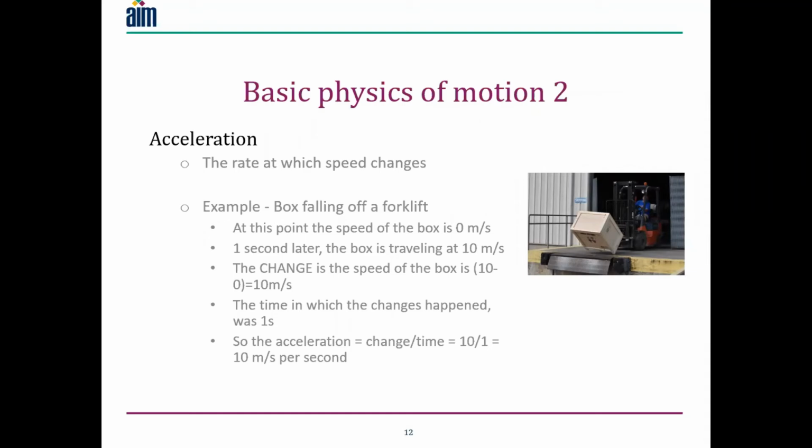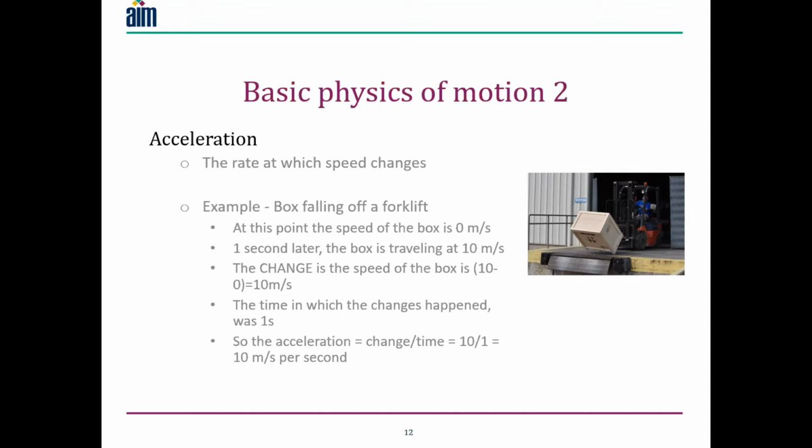So the change in speed of that box over that second is 10 minus 0, because it started at 0. So the delta, or the change, is 10 meters per second. And how long did it take for this change to happen? 1 second. So therefore, the acceleration is the change in speed, which is 10 meters per second, divided by the time, which is also 1 second.